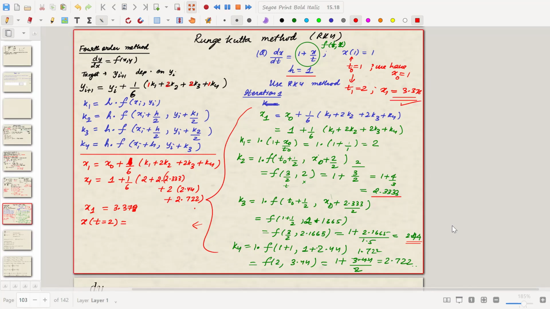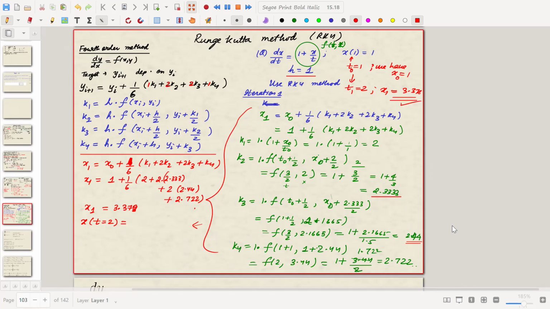So you can see that there is an error. There is an error of 0.3, which is big. You get 3.37 in the RK4 method. Of course, there will be a huge error if you take h equal to 1.